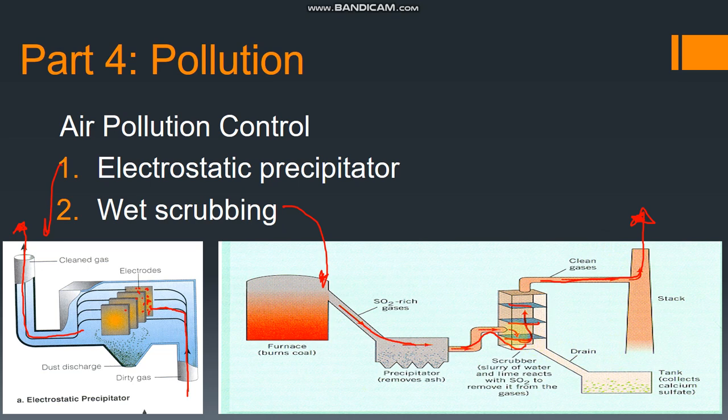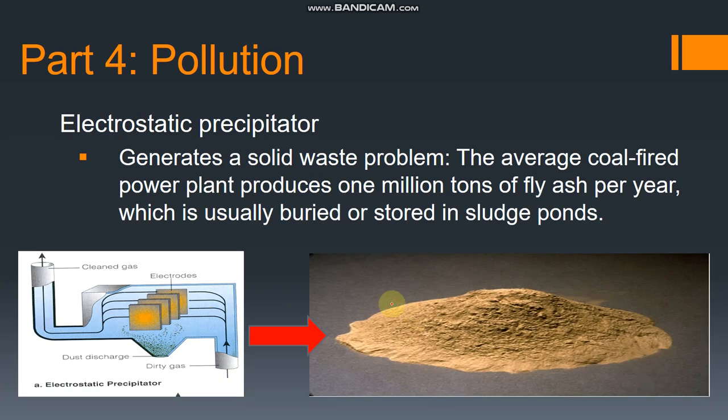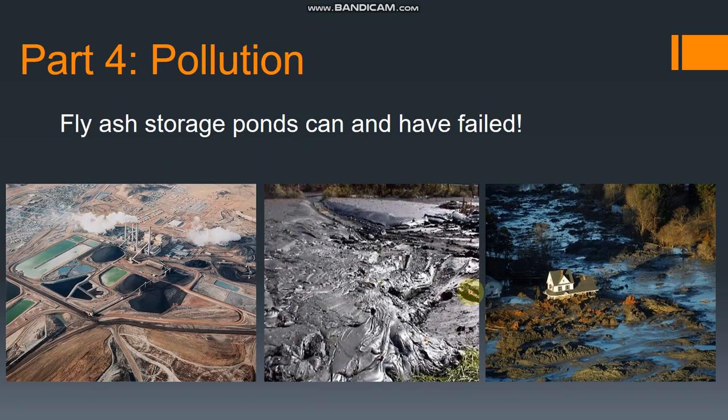And by the way, as the SO2 gas reacts with the lime in the filter, it creates solid calcium sulfate, which could be used for mixing in with concrete. Now, with electrostatic precipitators, you have a solid waste problem, and you have to get rid of that ash somehow.